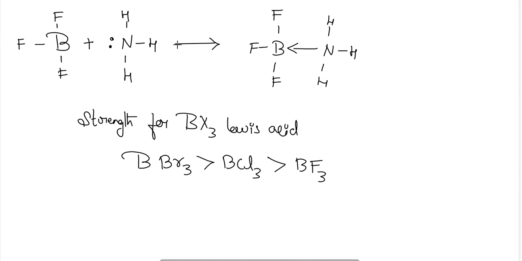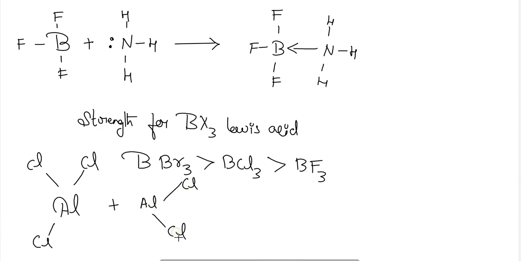Next, in the case of aluminium, we will see that aluminium will not combine with any other compound. It will combine with another molecule of AlCl3 only, to form a polymeric structure.